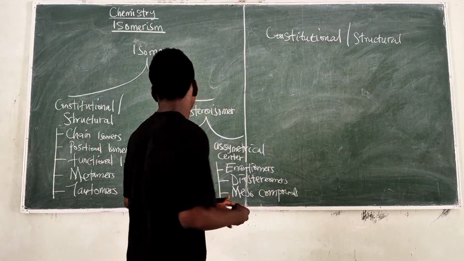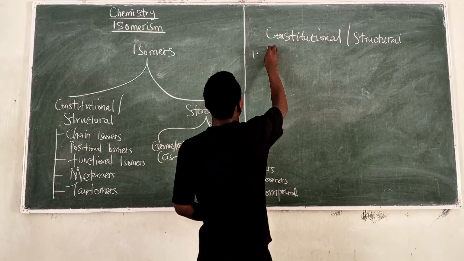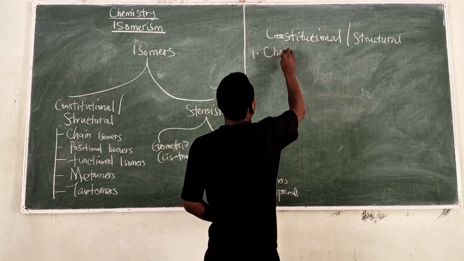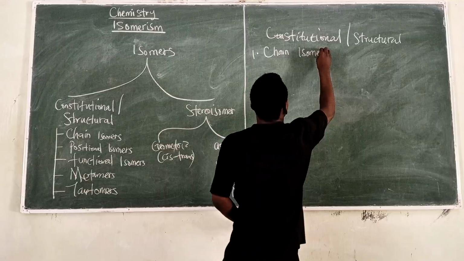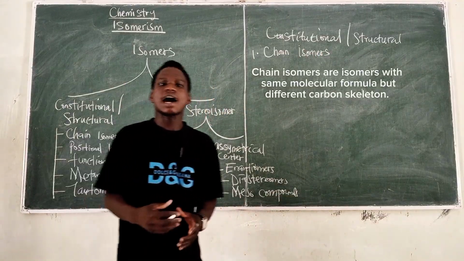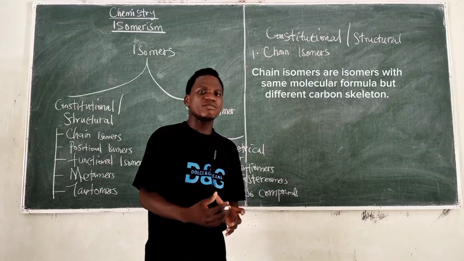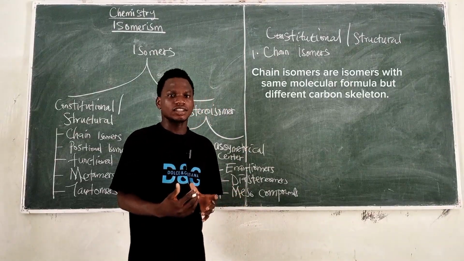Under constitutional isomers, we have the chain isomers. So chain isomers are isomers with the same molecular formula but different carbon skeleton.